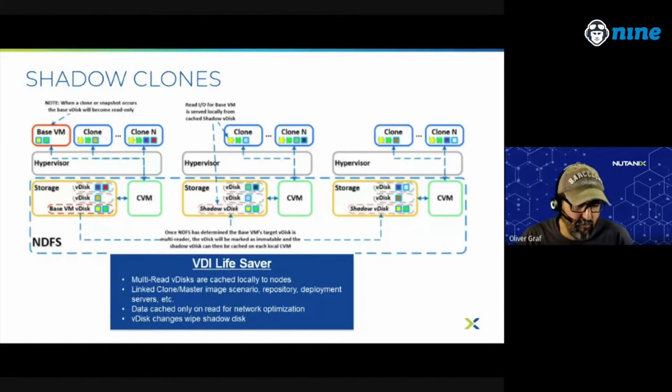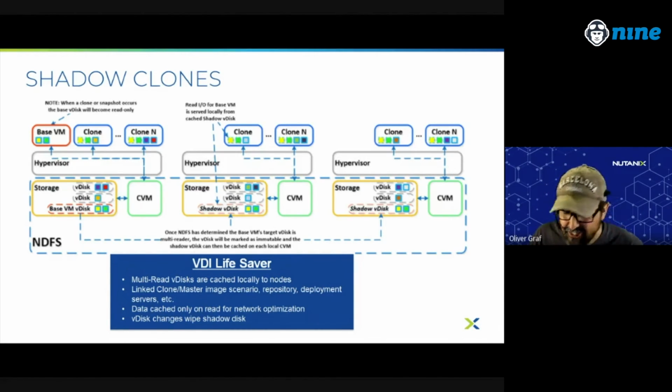So with shadow clones, Nutanix actively monitors vDisk access and trends. If there are requests originating from more than two remote CVMs, as well as the local CVM, and all of the requests are read I/O, the vDisk will be marked as immutable.